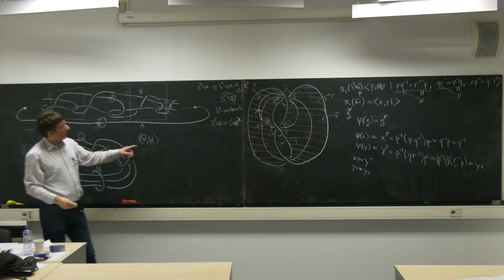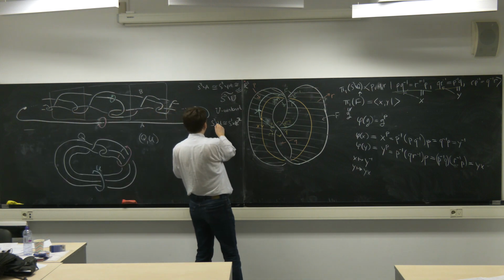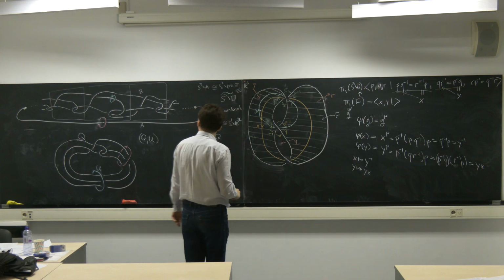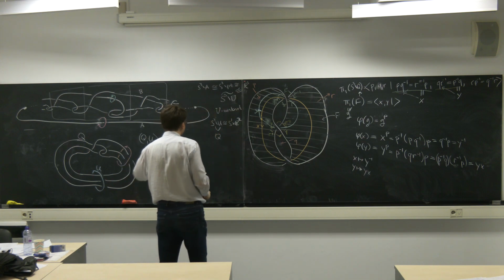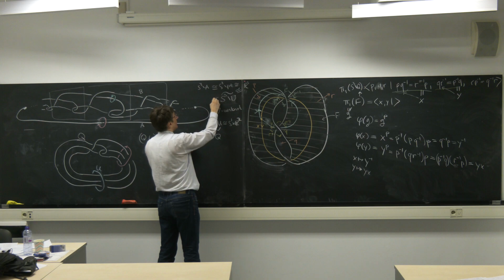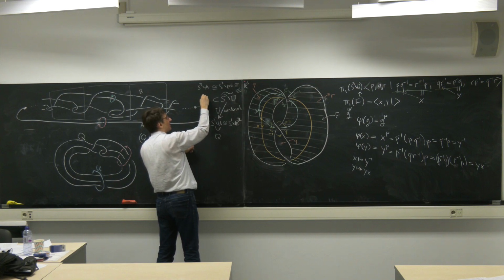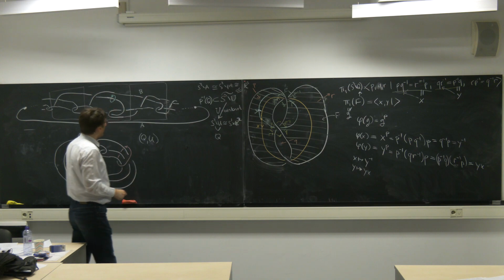Actually, when you take this Q in the complement of the unknot, then we have this infinite cyclic cover, and we can take the preimage of Q in this infinite cyclic cover.